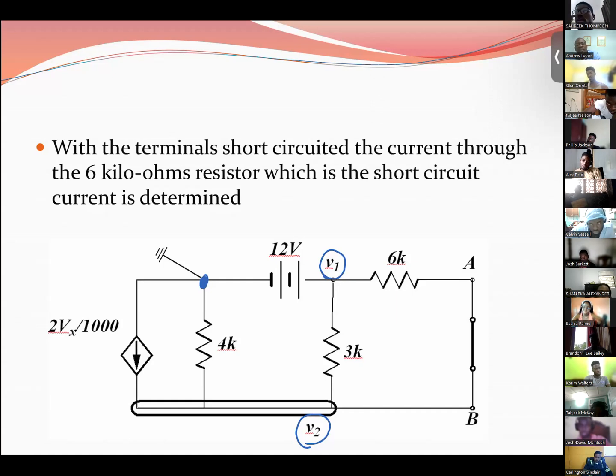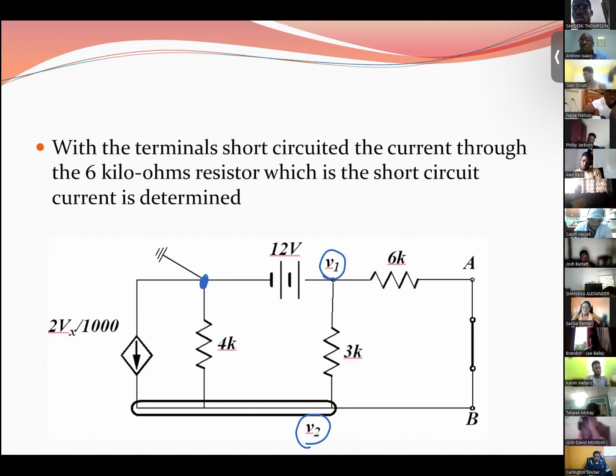What's that, Ms. Alexander? I'm saying, sir, you would have a super node if you had put node 1 and 2 at the top. Exactly. Because I would now have a source between two principal nodes.